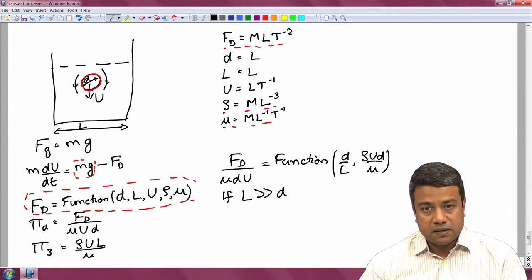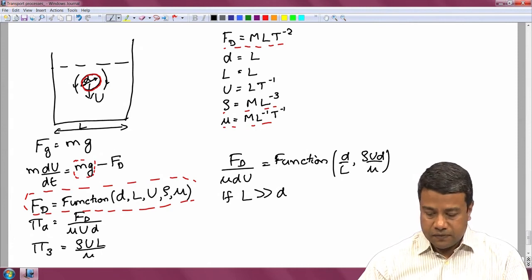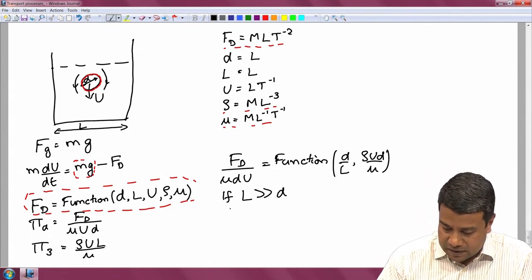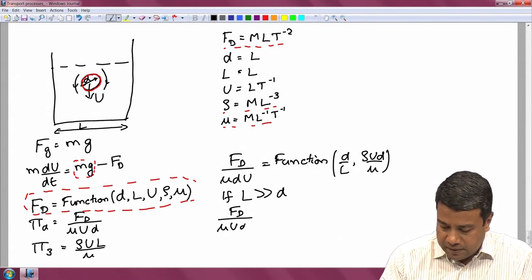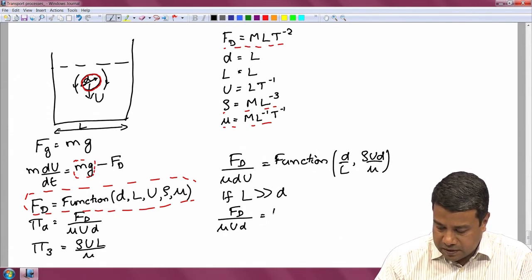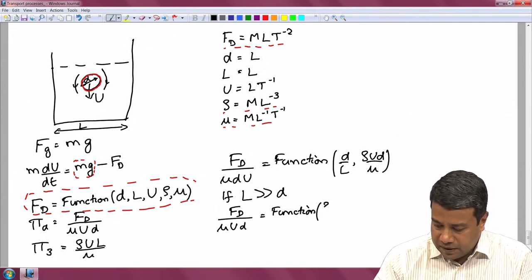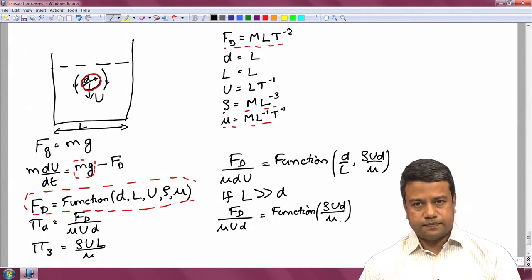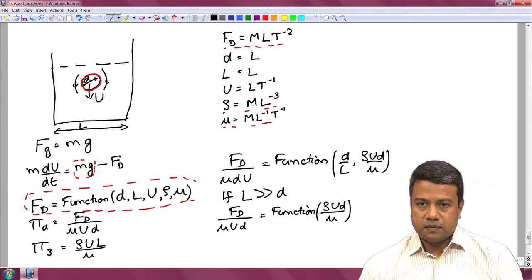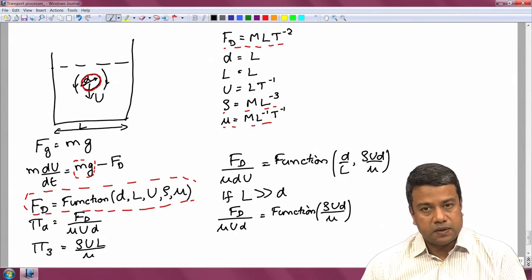So, for a particle settling in an infinite fluid, this simplifies still further. F d by mu u d is equal to some function of rho u d by mu alone. So, we have reduced it even further to just one relationship.